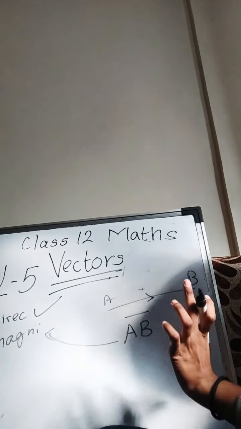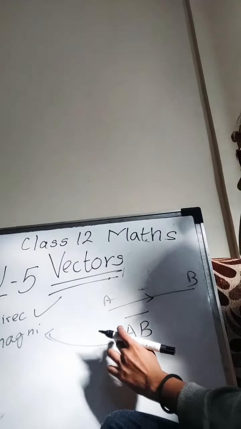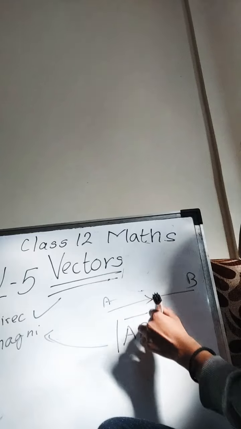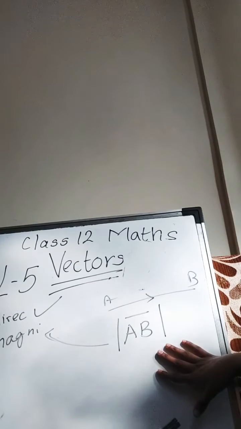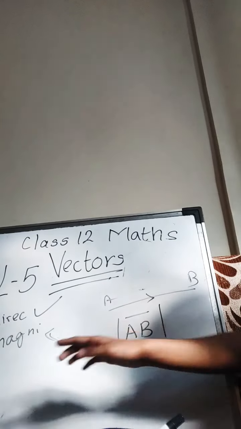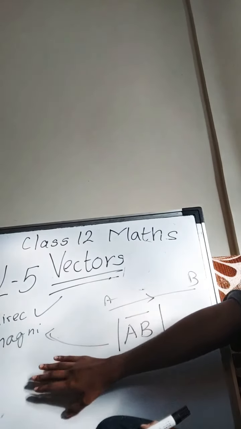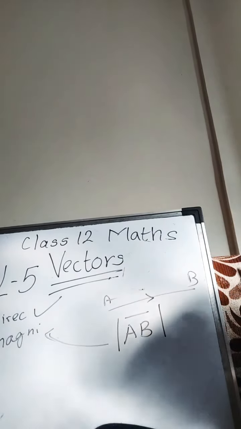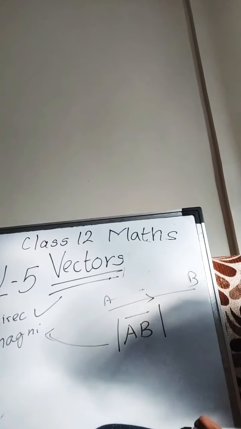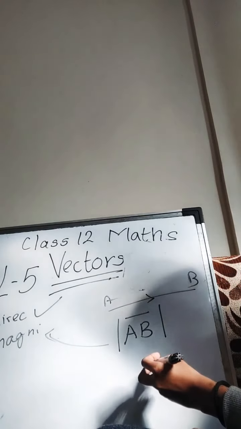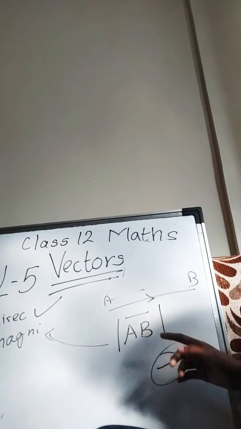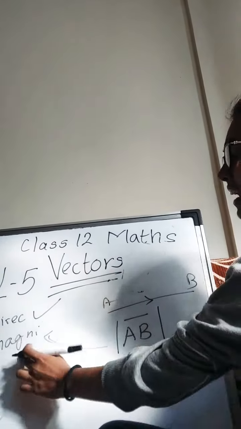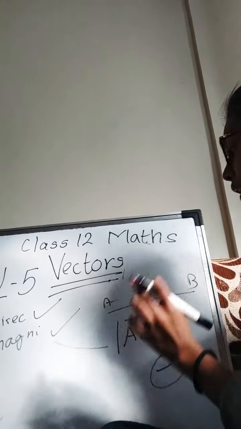Magnitude is represented by just adding mod to that particular vector. Now why mod? As you know, magnitude means size. Now size is not dependent on its direction. So size will never be minus, right? It won't ever be negative. So that is why mod. So magnitude is represented by mod.